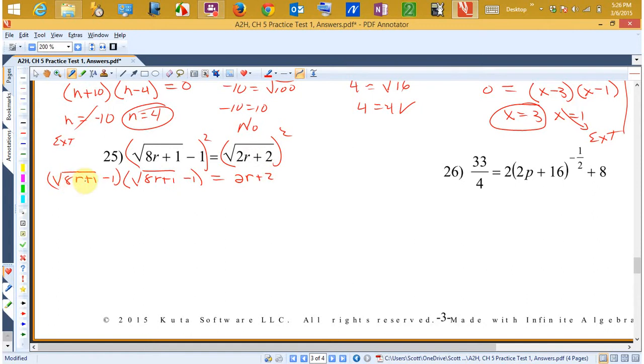So 8r plus 1 times 8r plus 1, square root times the square root, that's simply going to be 8r plus 1. Now I'm going to have this square root of 8r plus 1 multiplied by minus 1, and then this minus 1 multiplied by the square root of 8r plus 1. So that's 2 of those, so I'm going to have minus 2 times the square root of 8r plus 1. Lastly, I have a negative 1 times negative 1. It's going to be plus 1.